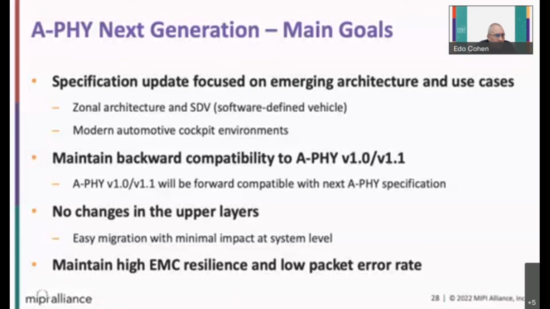The last goal is to maintain the high EMC resilience and the low packet error rate as in A-PHY 1.0 and 1.1, which means a robust, high noise level immunity with an ultra low packet error rate of less than 10 to the minus 19.